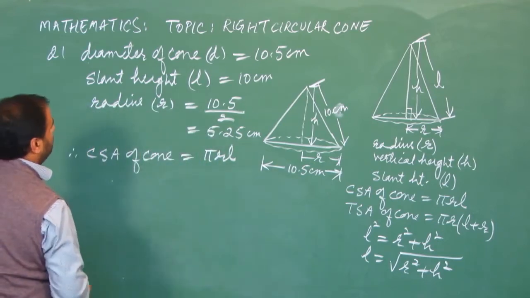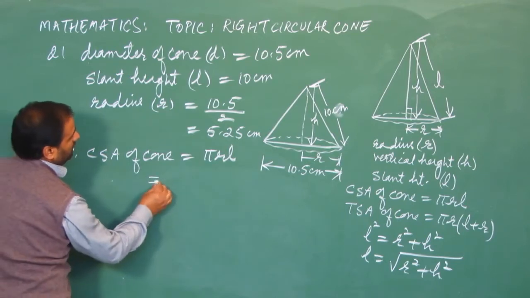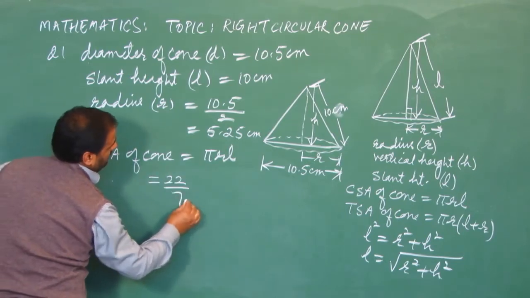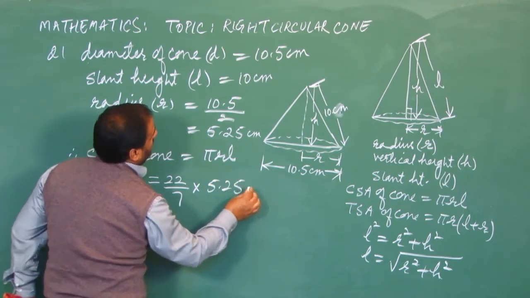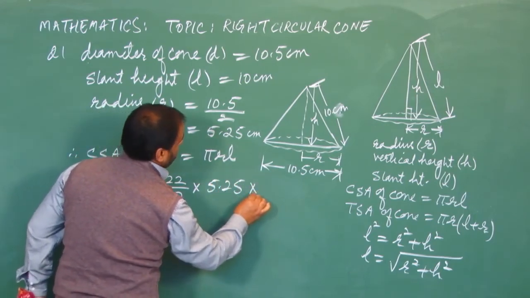Let's again find out what its area is. It is pi, 22 by 7, radius is 5.25 and the slant height is 10 centimeters.